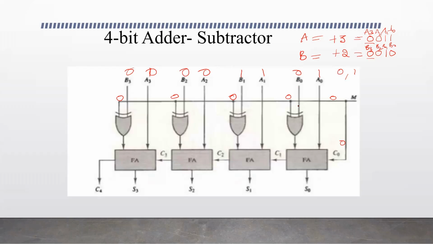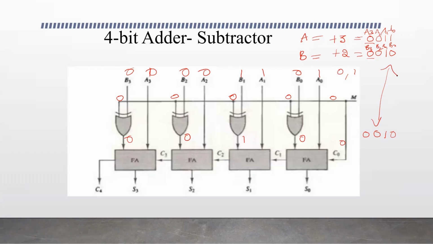When this B passes through the XOR circuit with the value of M as 0, we get the same B. So the result of this XOR is 0, 0, 1, 0, because 0 XOR 0 is 0, and 1 XOR 0 generates 1. The intermediate result is 0, 0, 1, 0, the same as B. So B is not complemented here.